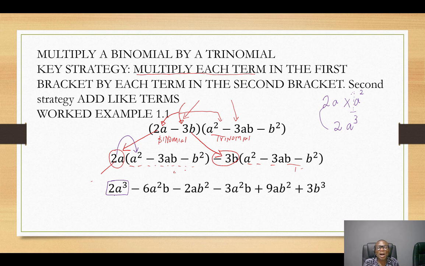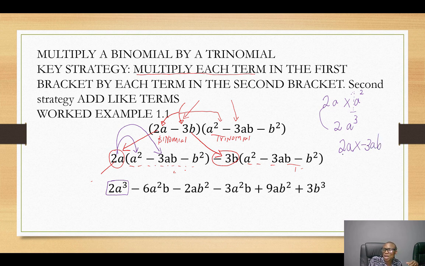Now I'm going to multiply 2a again with minus 3ab. I'm distributing this 2a. That is why we call it the distributive law. So I'm saying 2a times negative 3ab. What is 2a times negative 3ab? Let me write here 2a times negative 3ab.